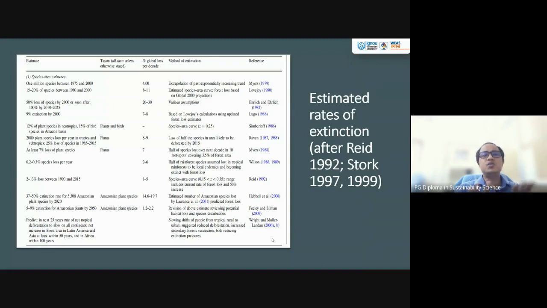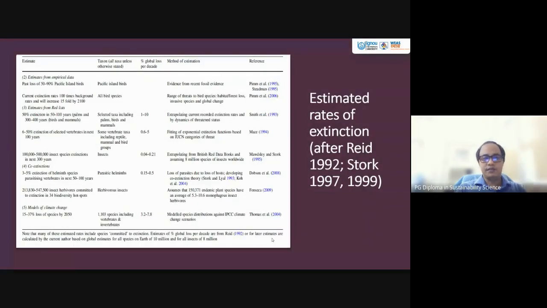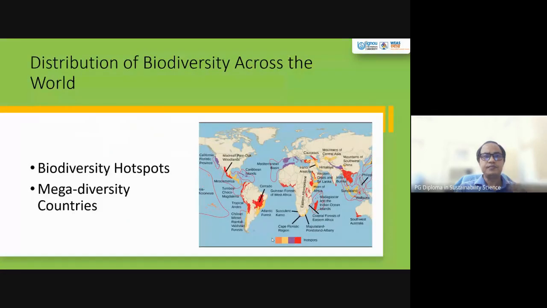This is a very alarming situation, we know that. The others are examples of how different authors calculated the rate of global loss per decade, even before we were able to explore most of the species which we estimate may exist in the biosphere on Earth.